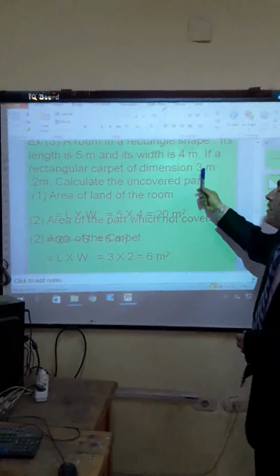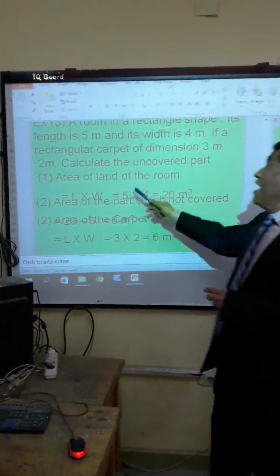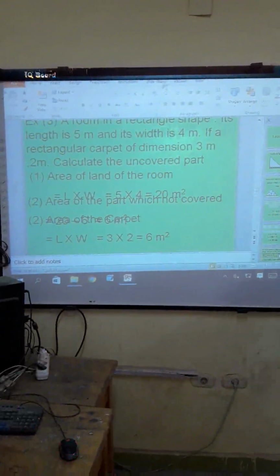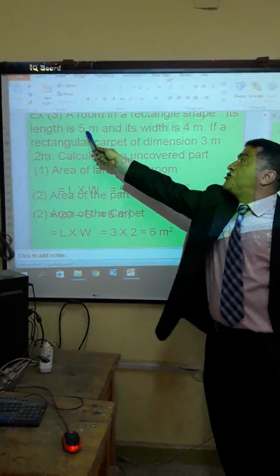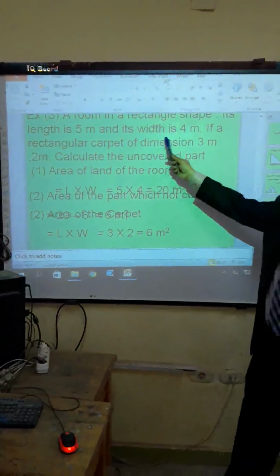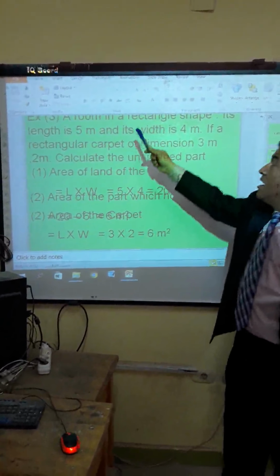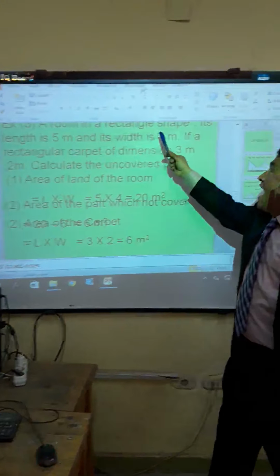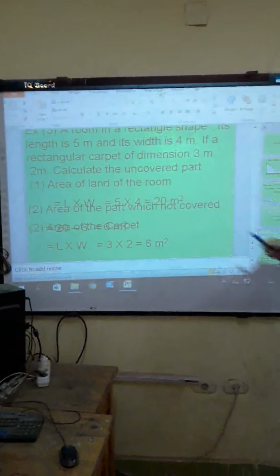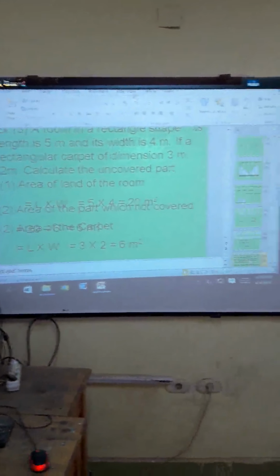Area of the land of the room: the room has two dimensions, 5 and 4. Then area of the land of the room equals length times width. 5 times 4 equals 20.